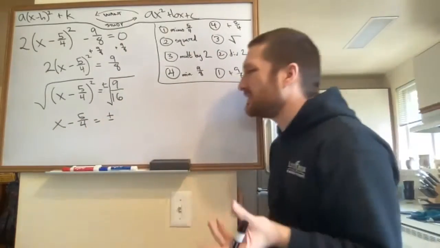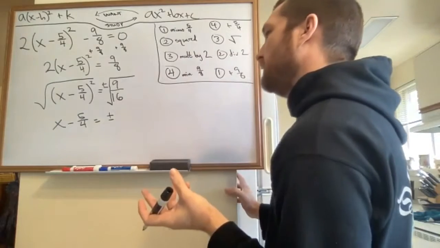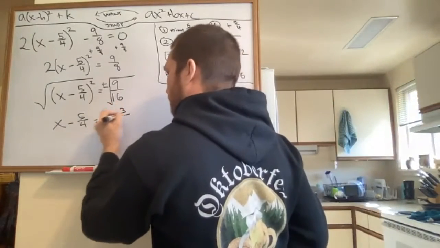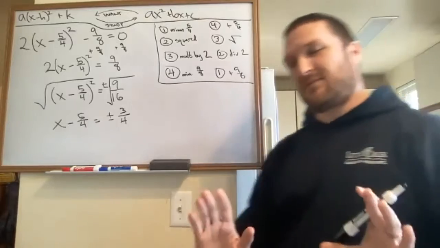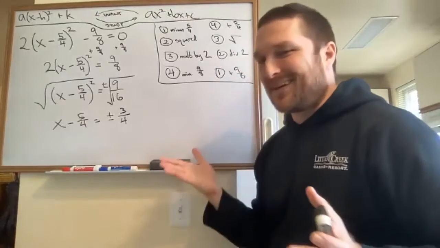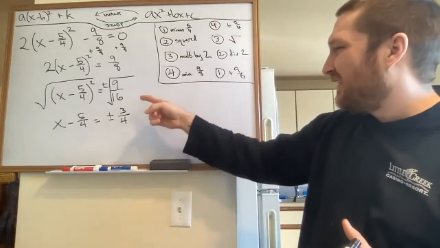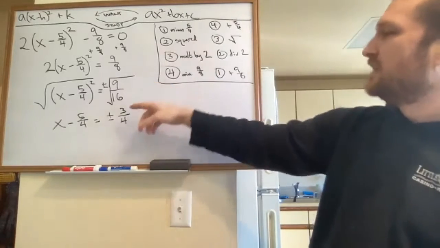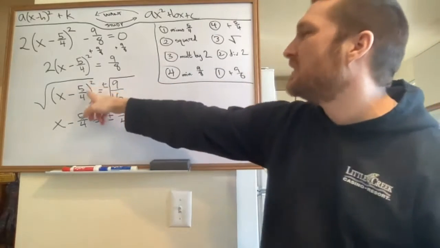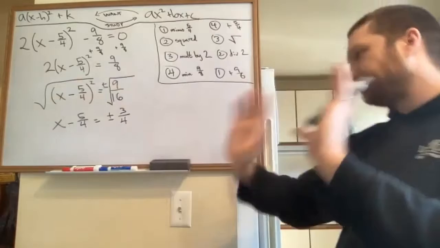What's the square root of 9/16? 3/4. There we go. Double check it. Square both sides. If I square that side, I'll get 3/4 times 3/4, which is 9/16. Square that side, and you end up right where you were. Okay, cool.